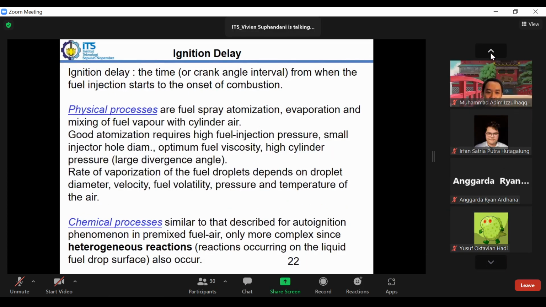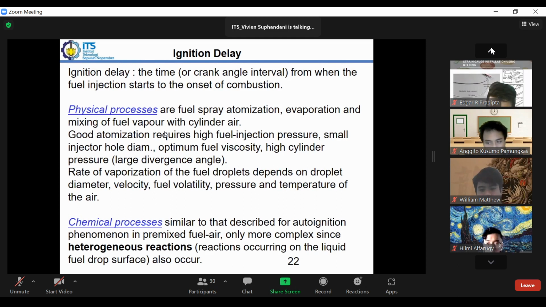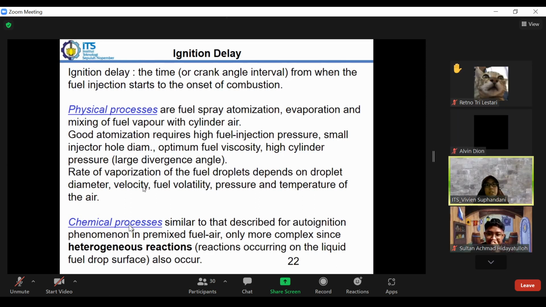Now we will continue on the explanation for the phases that we have learned. Now we have the ignition delay, which is the first phase in the combustion process for the compression ignition engine. Ignition delay is the crank angle interval from when the fuel is injected to the onset of combustion.